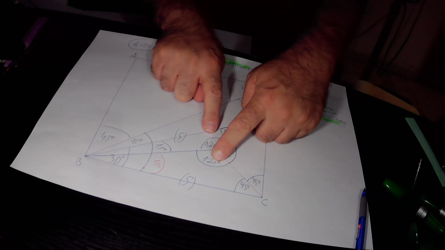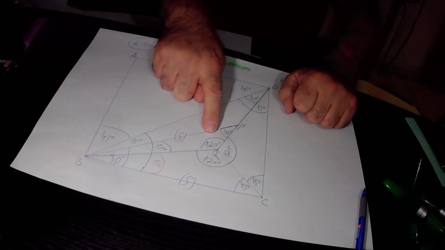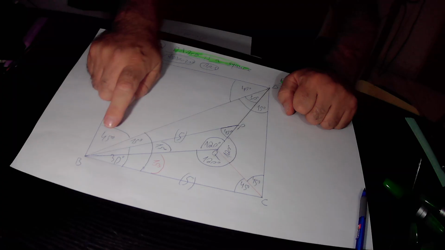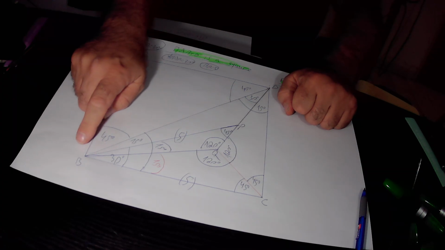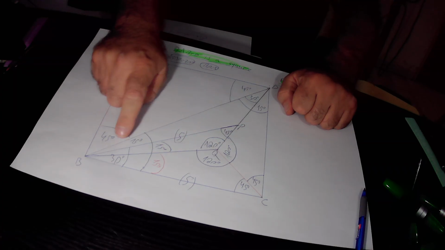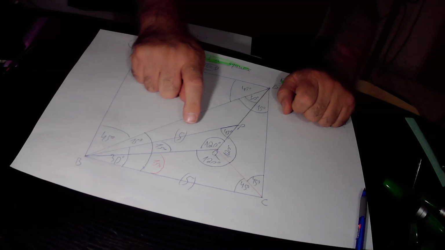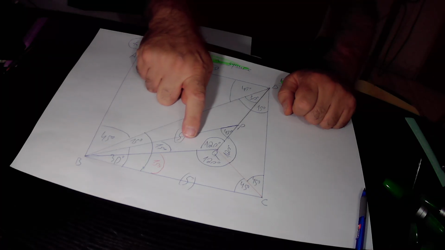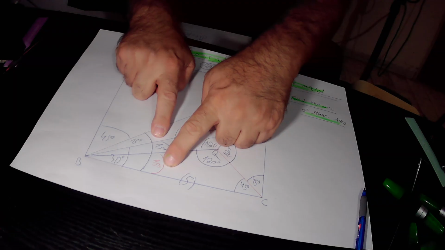So, why are those two triangles congruent? First of all, those two angles are both equal to 120 degrees, and therefore they are equal to each other. In addition, BQ is a common side that belongs to both triangles. BQ definitely belongs to triangle BQP, and BQ definitely belongs to triangle BQC. And finally, those two angles are both equal to 15 degrees, and therefore they are equal to each other.